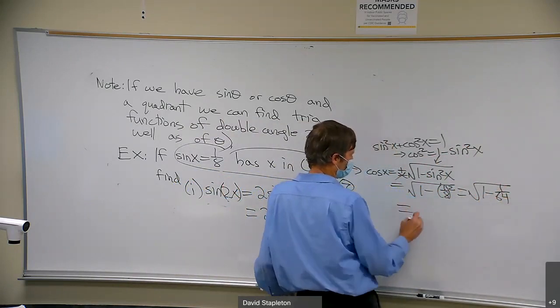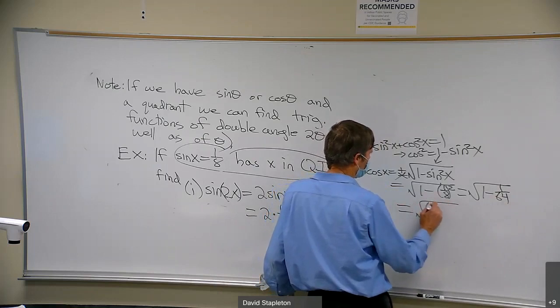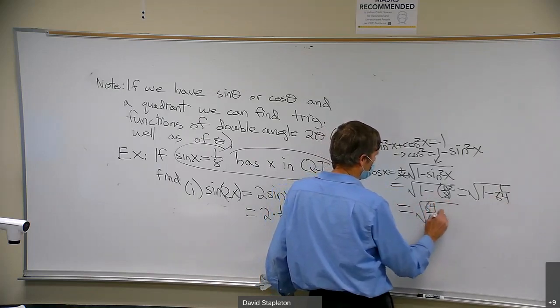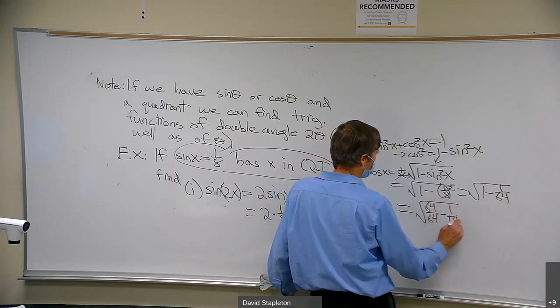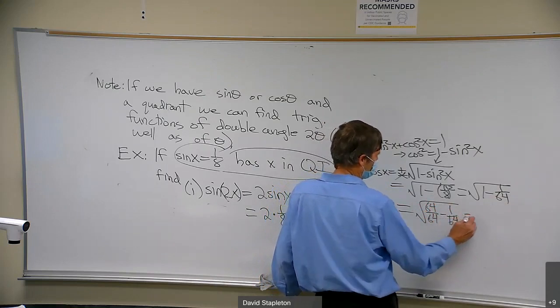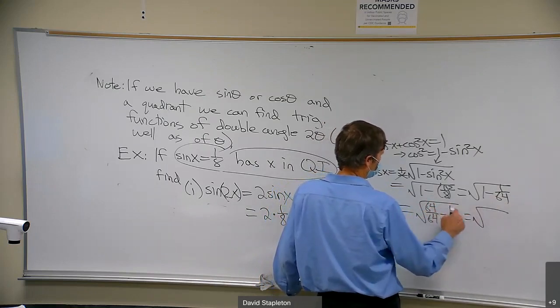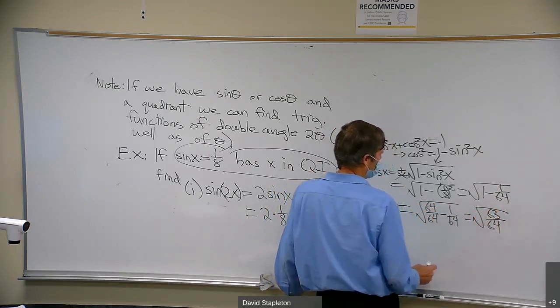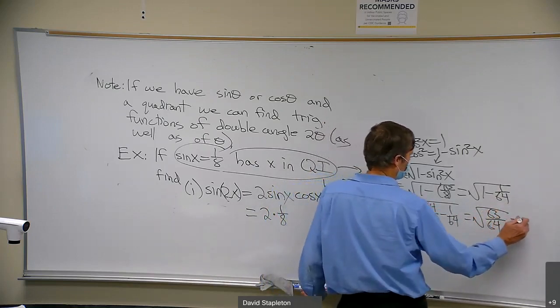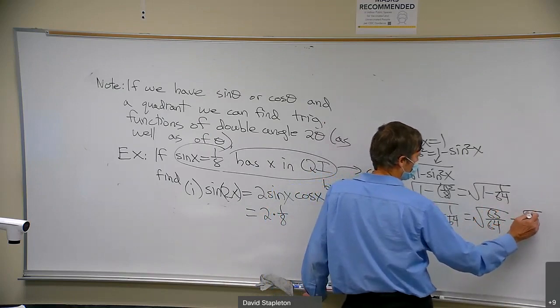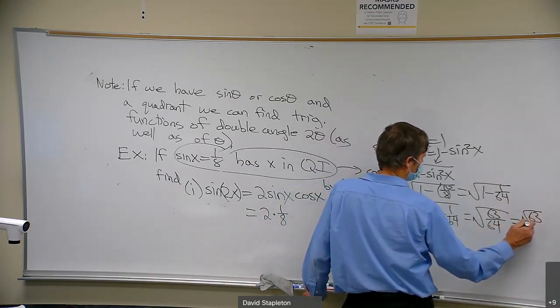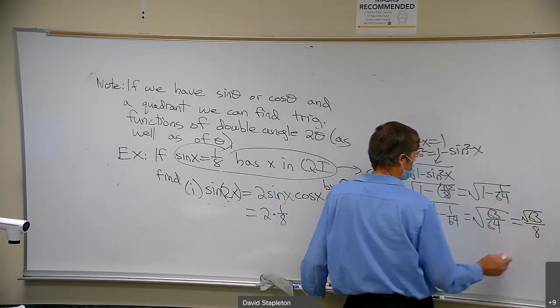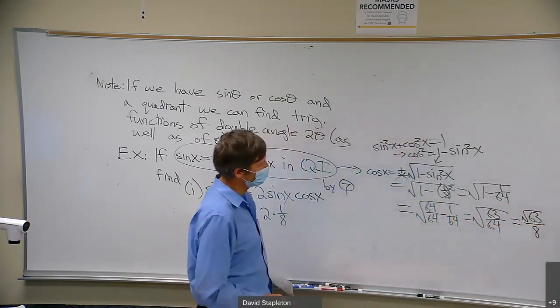And you do like in the other problem, you write 1 as 64 over 64, because to subtract, you need a common denominator, right? 64 minus 1, the difference of the numerators over the common denominator, makes this square root of 63 over the square root of 64, which is 8. Well, the top reduces too. Do you see how the top reduces?